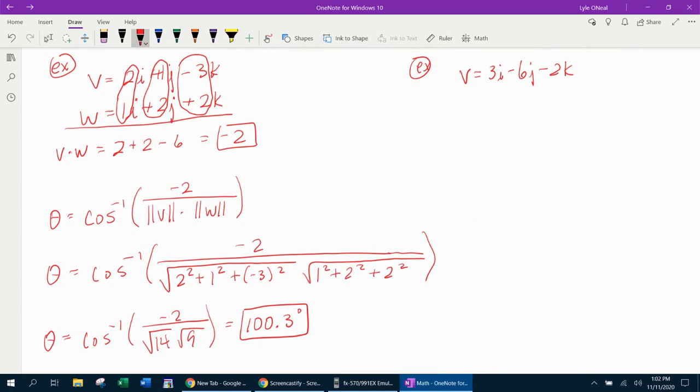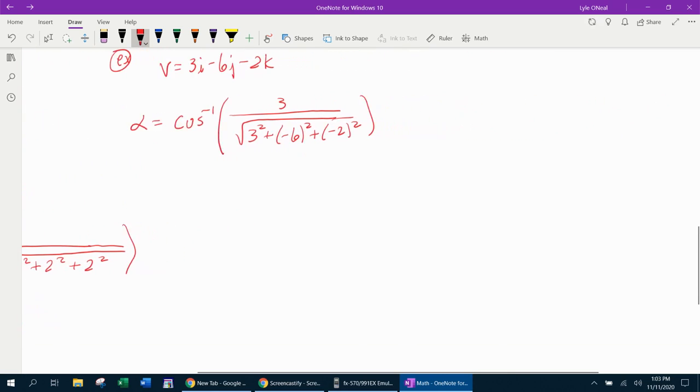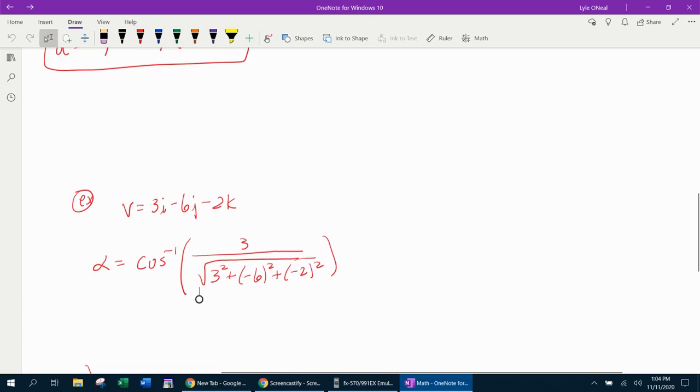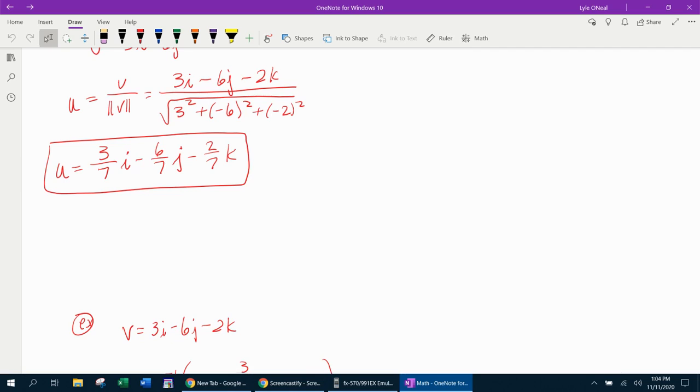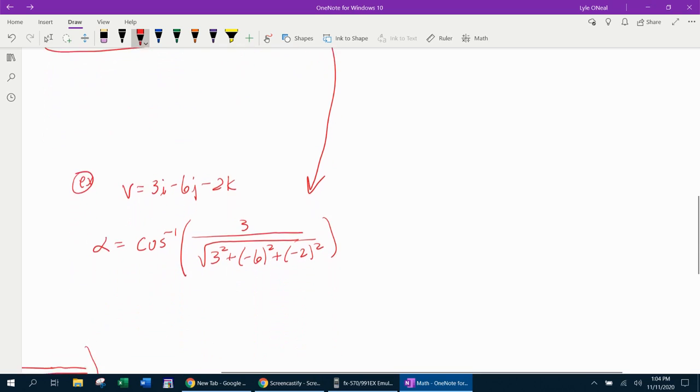So here we go. First, to find alpha, inverse cosine of A, which is 3, divided by the magnitude of the vector, which is going to be 3 squared plus negative 6 squared plus negative 2 squared. And I'm going to slide this over. So if we scroll up a bit, you're going to see that we have already done this calculation for the magnitude of V. It's basically the same vector that we've done before.